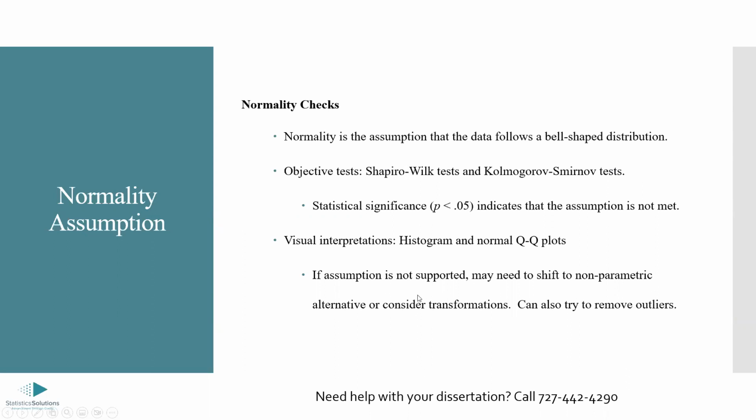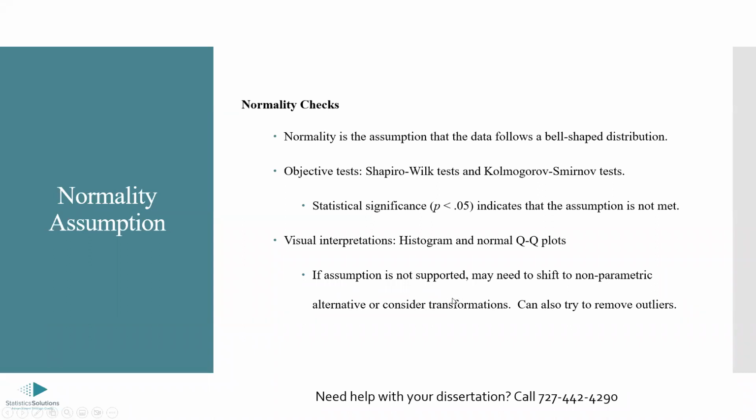If the assumption of normality is not supported, the common approach is to shift to non-parametric techniques, or you can consider transforming your data using transformations. I leave that for a last resort. I try not to transform data because it shifts the entire interpretation of your data.